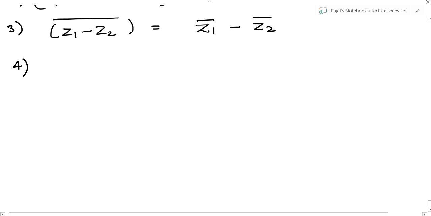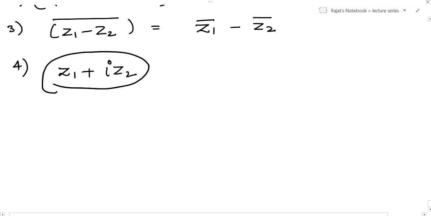Now sometimes instead of the usual representation a plus ib, the complex number may be written like this: z1 plus i times z2. Please remember, if this is a complex number, then you cannot say that z1 is the real part, because z1 is itself a complex number and z2 is itself a complex number.